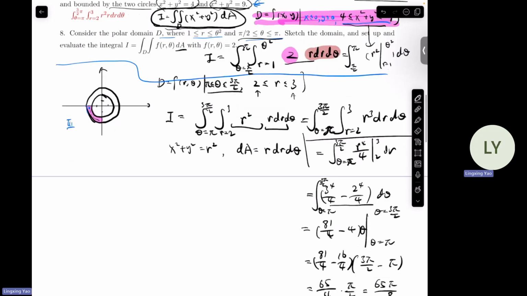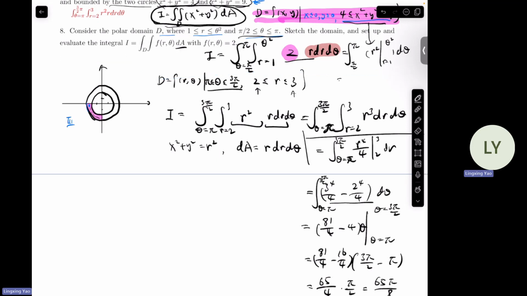Well, maybe we need to do a little bit more calculation to finish this up. So we have theta squared, squared, minus 1 squared, d theta, with theta from pi over 2 to pi.